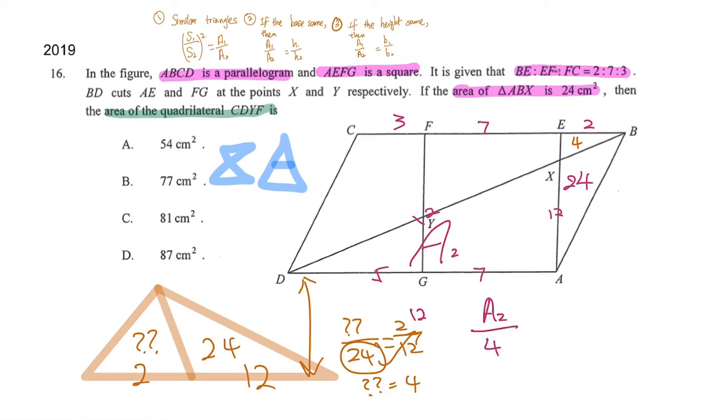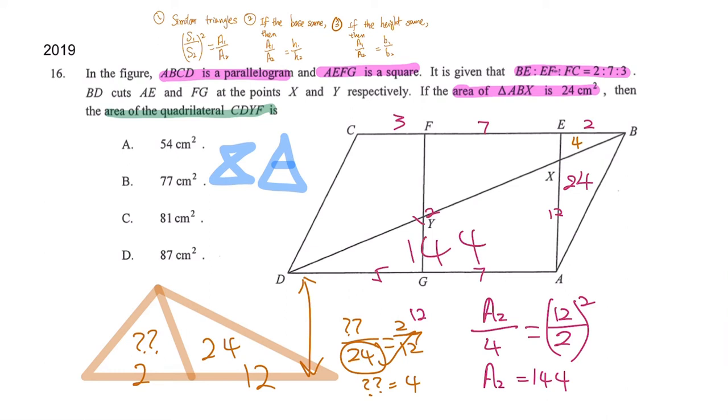Area ratios are the side ratios squared. Remember to put the square, and then just click the calculator, and you should be able to get that as 144. So that big triangle is 144.